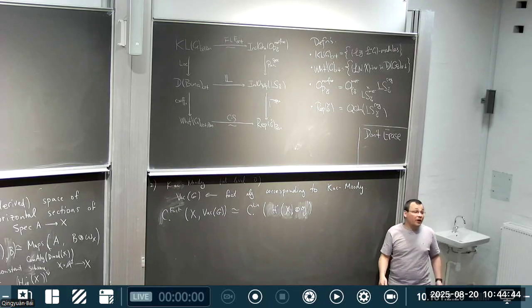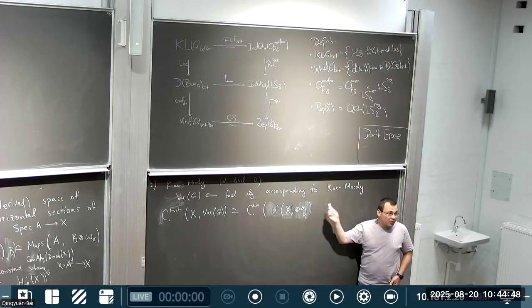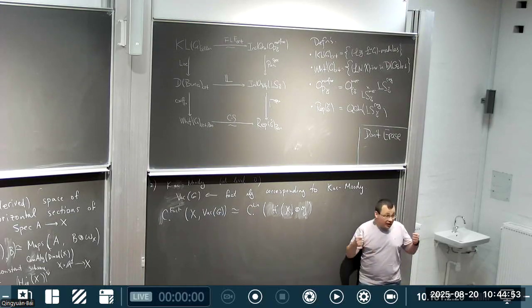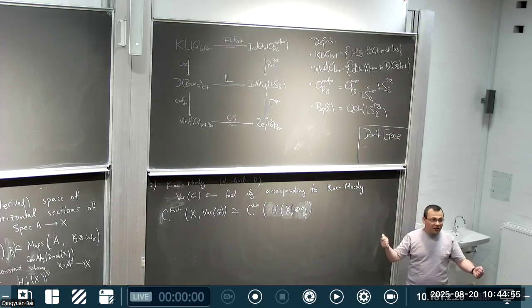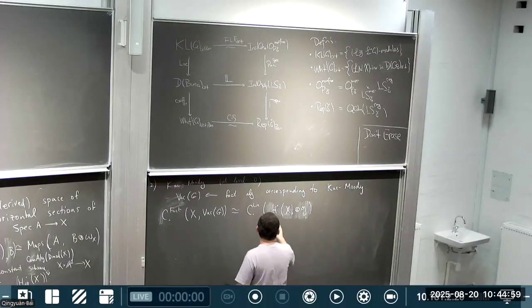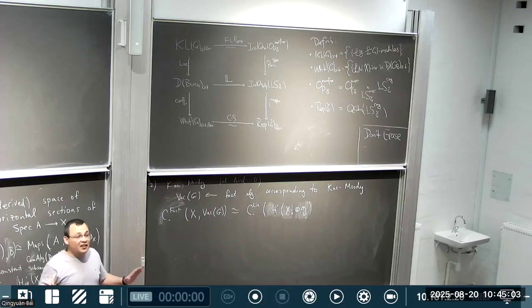So take the coherent homology of X, and tensor that with the Lie algebra. This is a commutative algebra. This is a Lie algebra. So the tensor product of a commutative algebra and a Lie algebra has a natural Lie bracket on it, and then you take Chevalley-Eilenberg chains on it. I'm not being careful about H's versus C's. Everything is chain level.